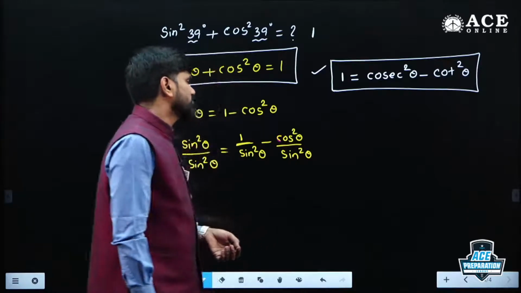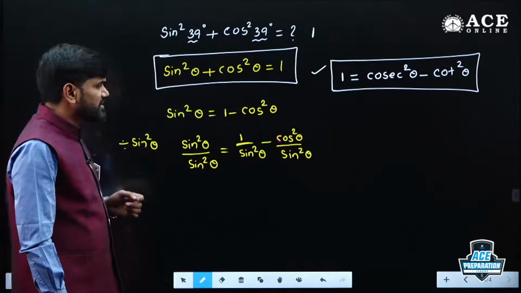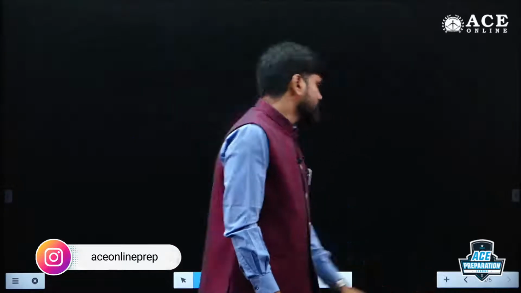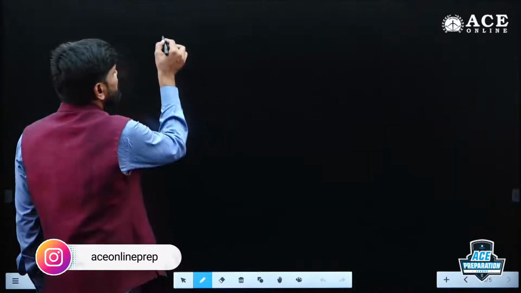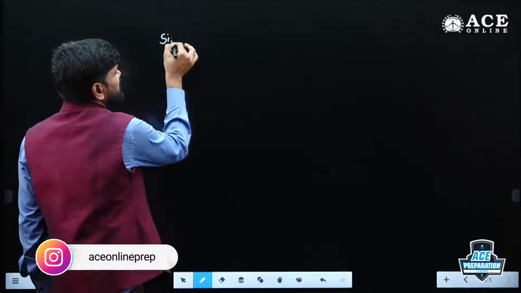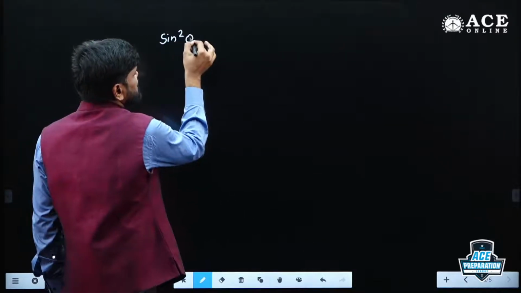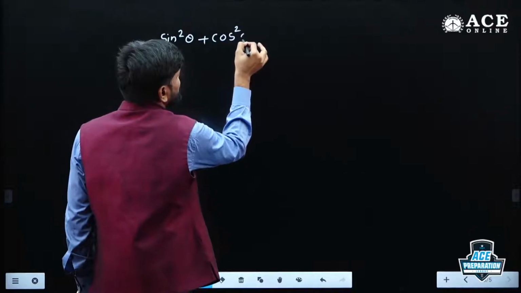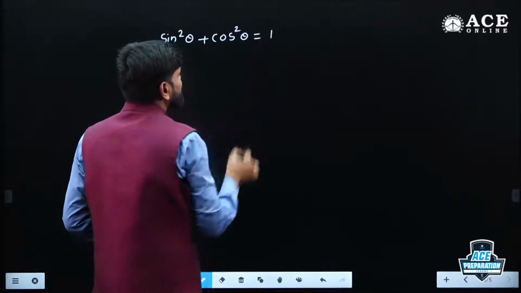Instead of dividing both sides with sine square theta, if I divide both sides with cos square theta. Let me take that basic relation into consideration. Sine square theta plus cos square theta is equal to 1. This is what we know.